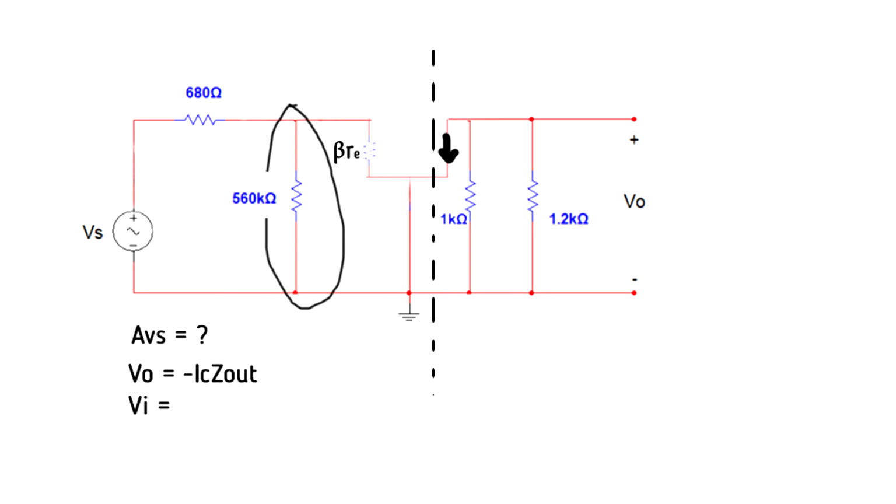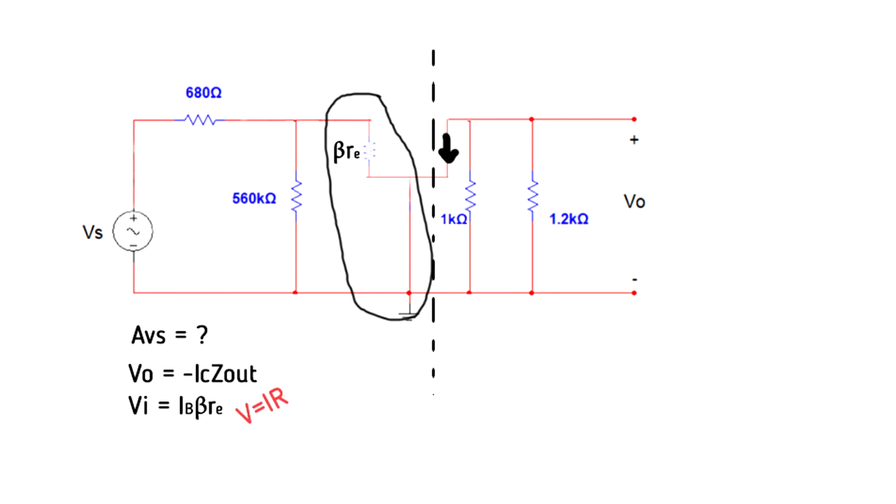The input voltage is the voltage across this resistor or across this resistor. Let's choose to solve this resistor because its current and resistance is already given. Using Ohm's law, VI is equal to the current IB times the resistance beta RE.